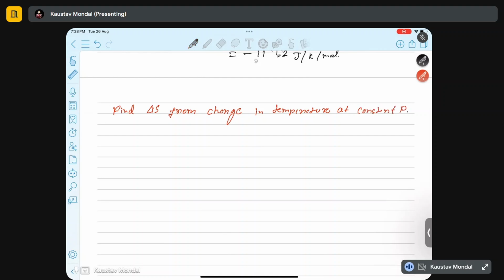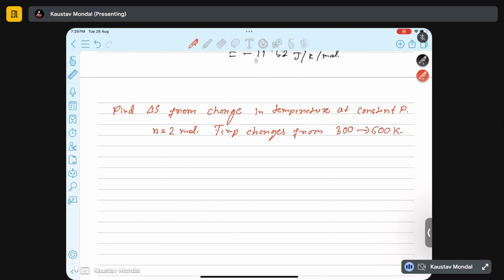So let's suppose n equal to 2, 2 mole is there. Temperature changes from 300 to 600 Kelvin, right?